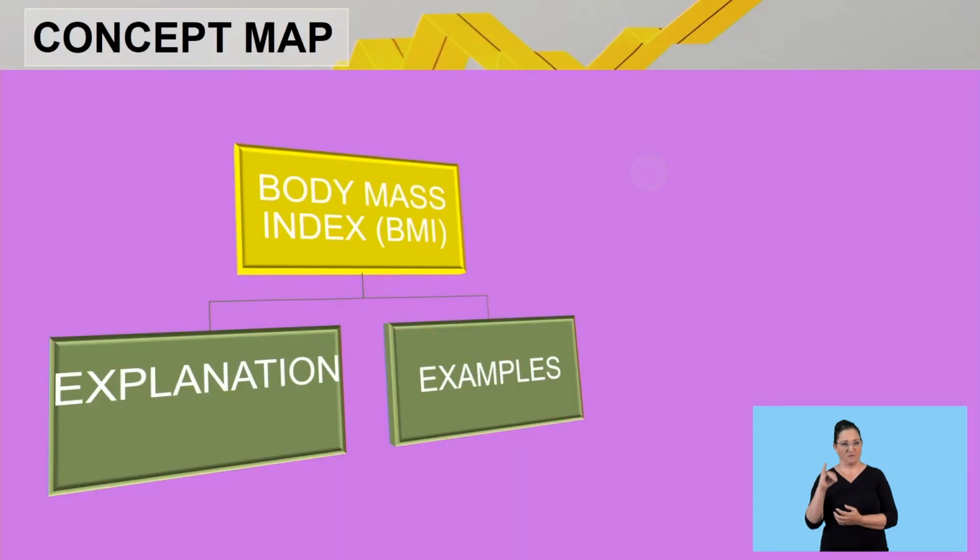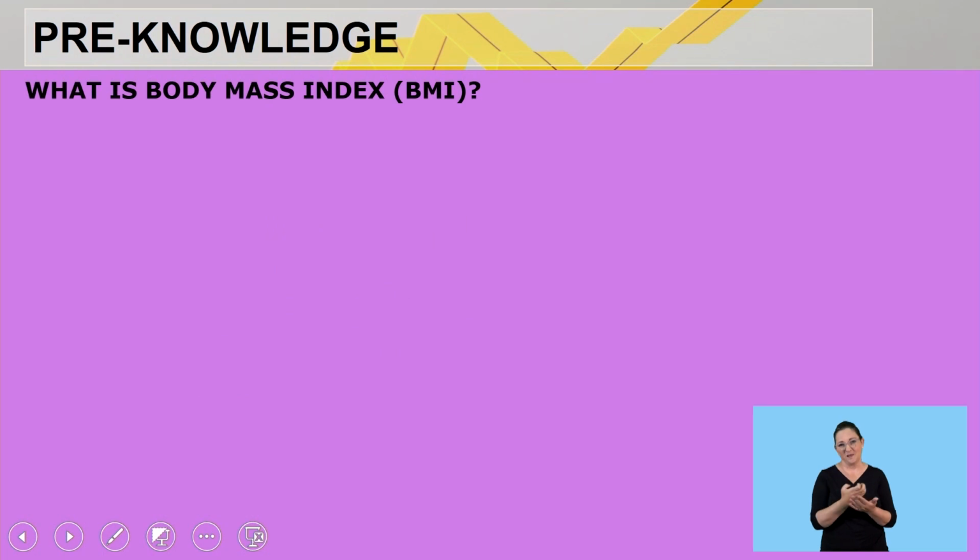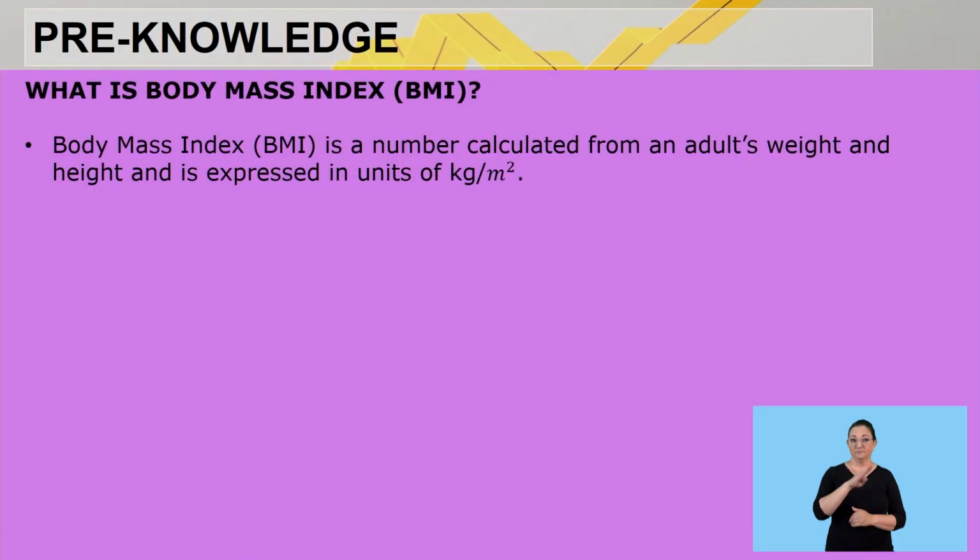Now let us quickly move forward by looking at what exactly we can expect. So as I've indicated, the focus of today's lesson is Body Mass Index, BMI, and we'll look firstly at some examples and explanation. Now let us see what exactly is BMI. Body Mass Index is a number calculated from an adult's weight and height and is expressed in units of kilogram per square meter.